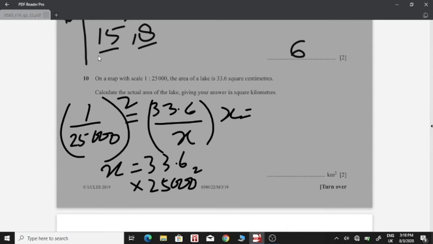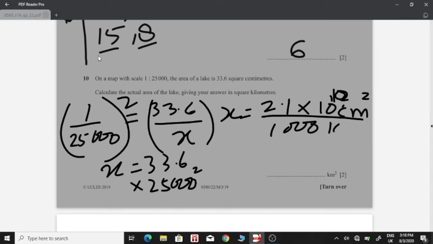So the value of x is 2.1 into 10 to the power of 10 centimeters square. And now I'll first convert it from centimeter square to meter square by dividing it by 100 into 100.